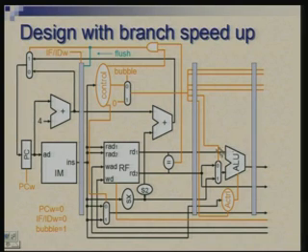Instead of checking for equality in the ALU, we have introduced a comparator in the second stage itself, in the second cycle itself, and also the target address calculation, which was actually happening here in the third cycle. Although in the multi-cycle design we had described earlier, we had done this in the second cycle, because the ALU was free at that time.